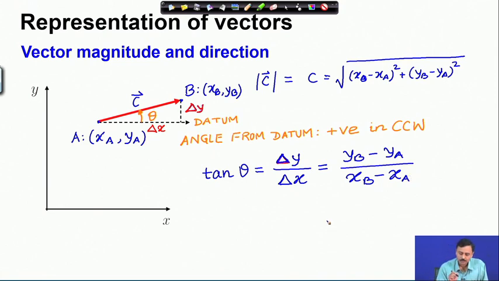Remember, when the vector goes from a to b and I am measuring this angle theta, in this manner, positive in the counterclockwise sense. So, tangent theta is delta y divided by delta x, and delta y is the y of the final position point minus y of the initial point, divided by x coordinate of the final point minus x coordinate of the initial point.